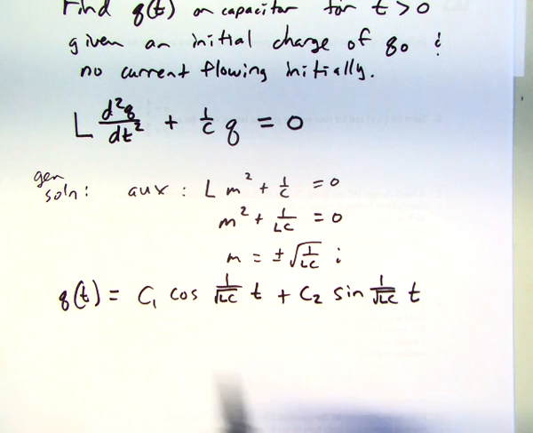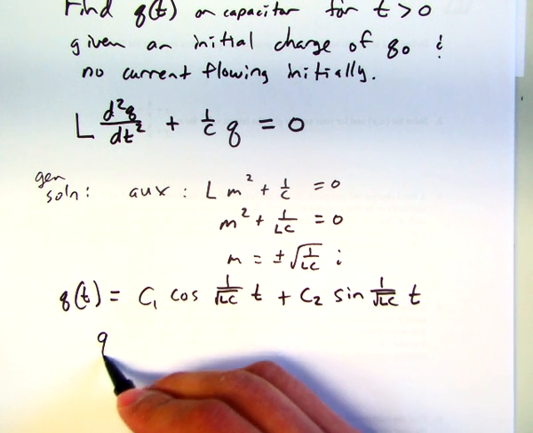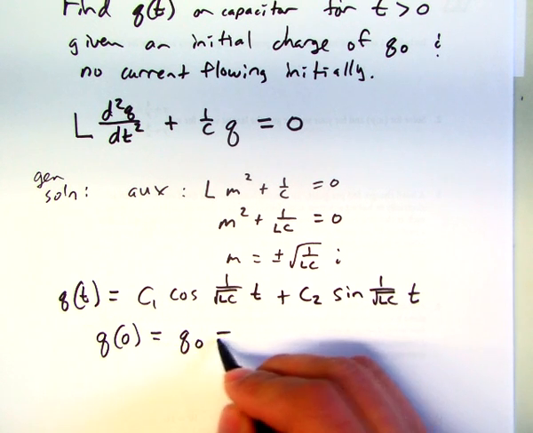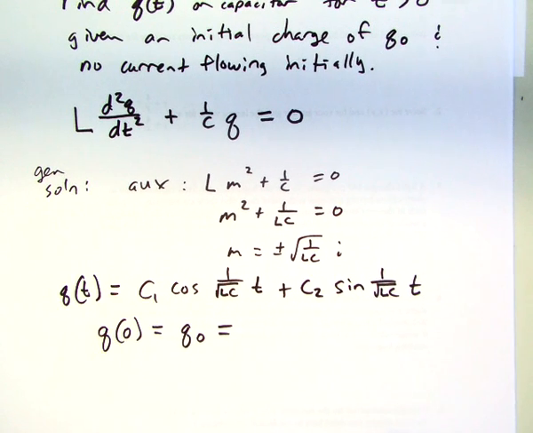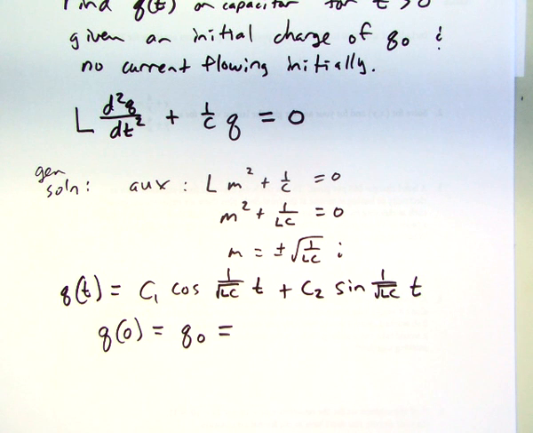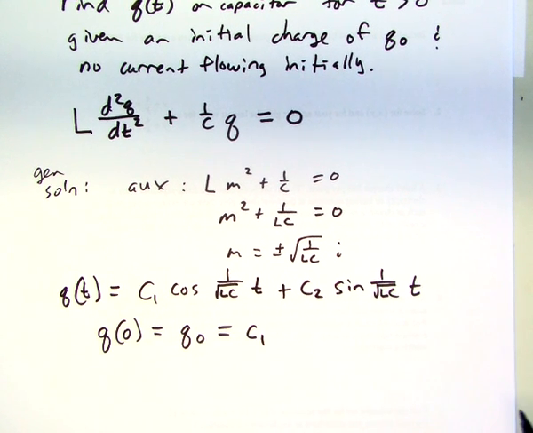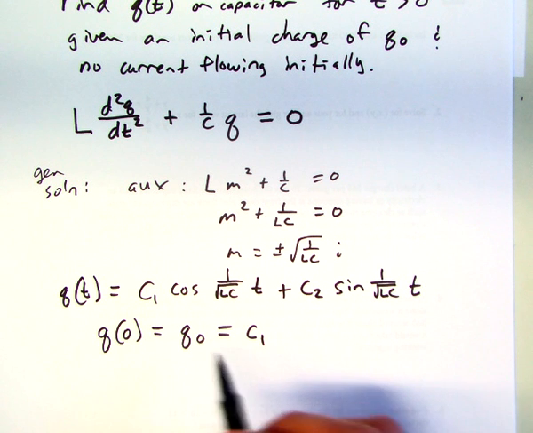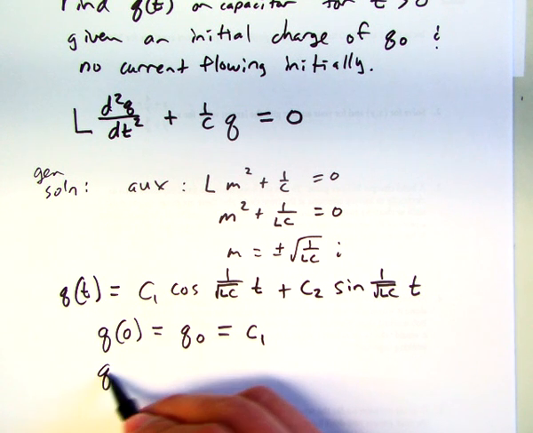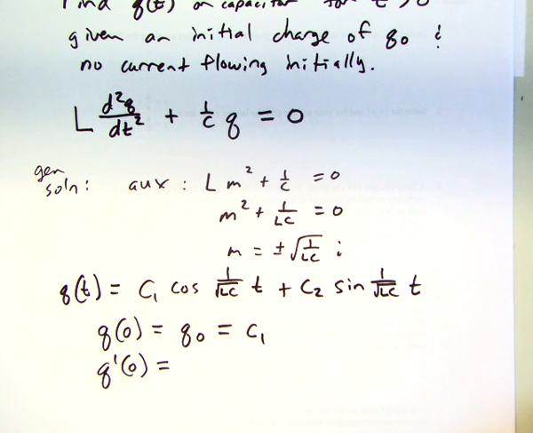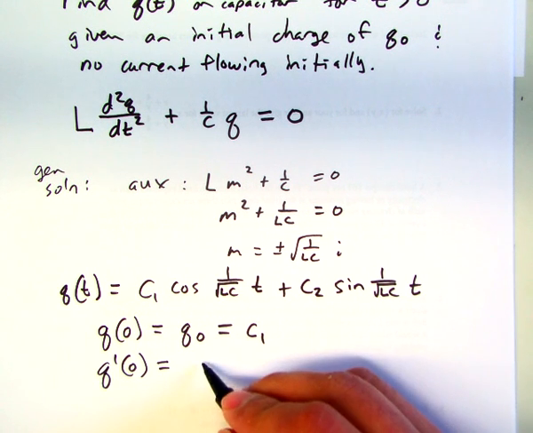So now let's use some of these initial conditions. We know that initially charge is Q naught. If you plug in 0 into the charge equation, the sine term drops out, cosine of 0 is 1, so we just get C1 is equal to Q naught. If you plug in 0 into the derivative of charge, we know that's 0.